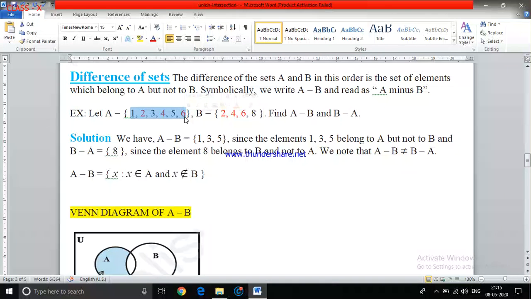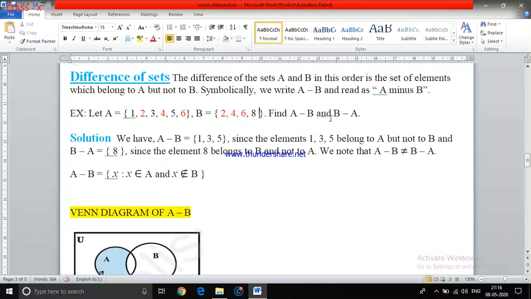Once we finish the elements of A, don't bother about the elements of B. How many are there? There may be infinite elements in B. When I find A minus B, I need not bother about what elements are left out in B. When should I bother?